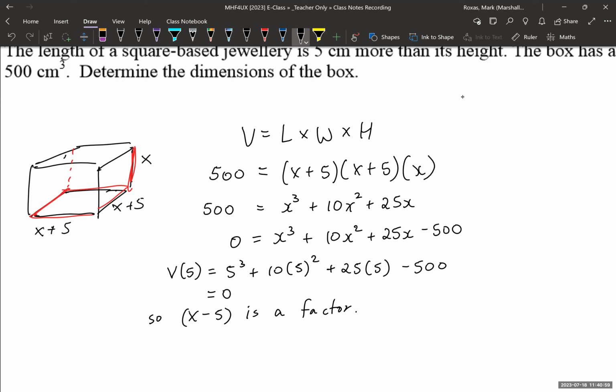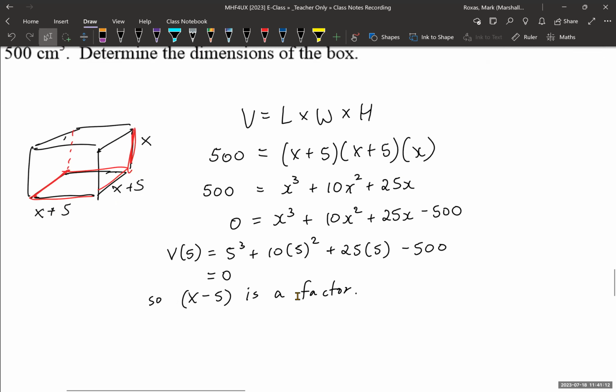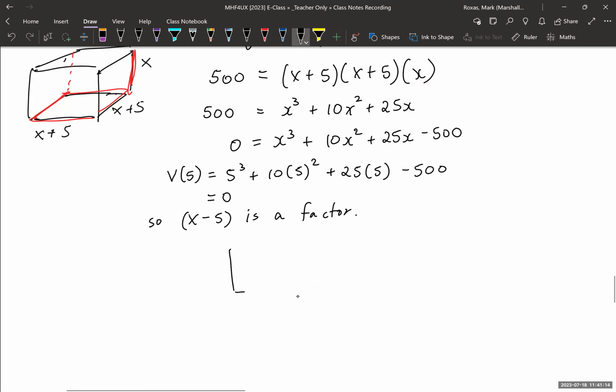But you might not necessarily tell that just from the diagram. If it was any other volume, it might not be a factor, and you still have to carry out the factor theorem to find a factor. So if we put this into our synthetic division, 5 being our divisor, putting in the coefficients, we have 1 for x cubed, 10 for x squared, 25 for x, and minus 500.